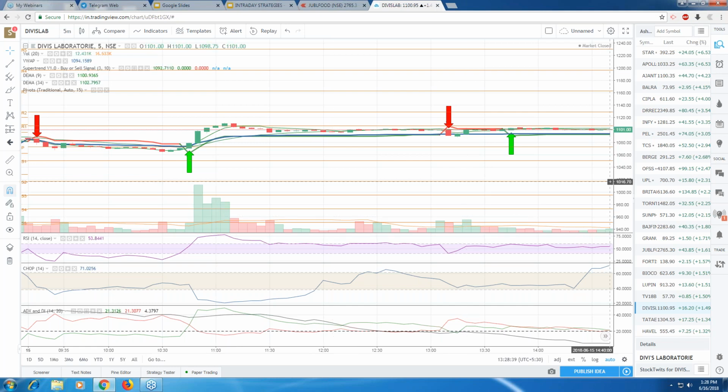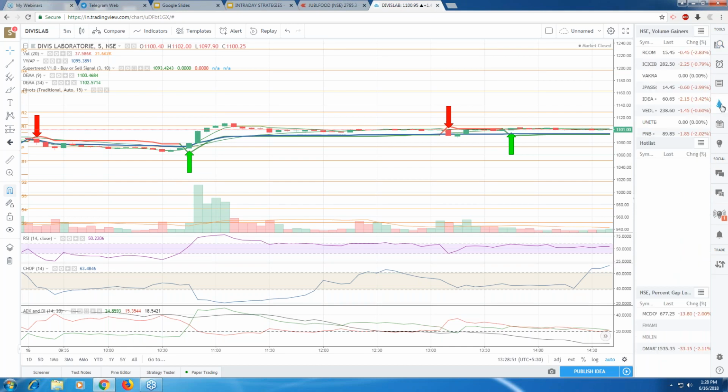So you can be on the buy side, because this place will show you the buyers and the sellers, the buyers with the volumes. You can go to this symbol as well and see which ones are the volume gainers. This will tell you these are the stocks which are gaining volume.